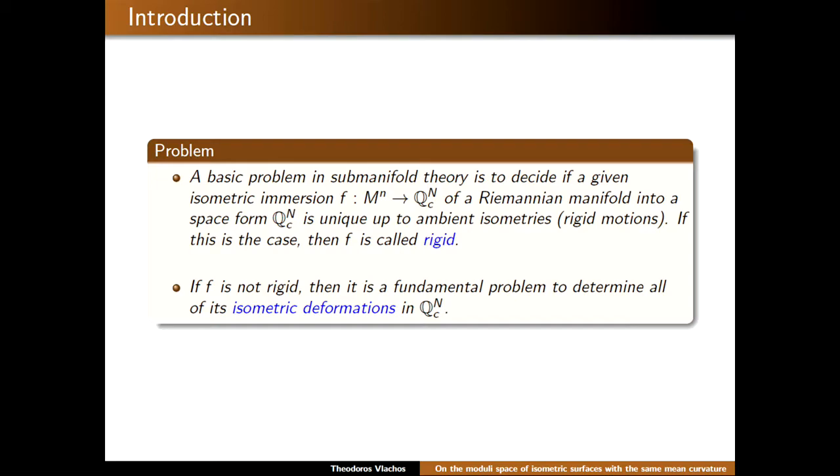If this is the case, then the isometric immersion is called rigid. If it is not rigid, then it is always an interesting problem to describe the space of all isometric, non-congruent, of course, isometric immersions of the manifold into our space form.